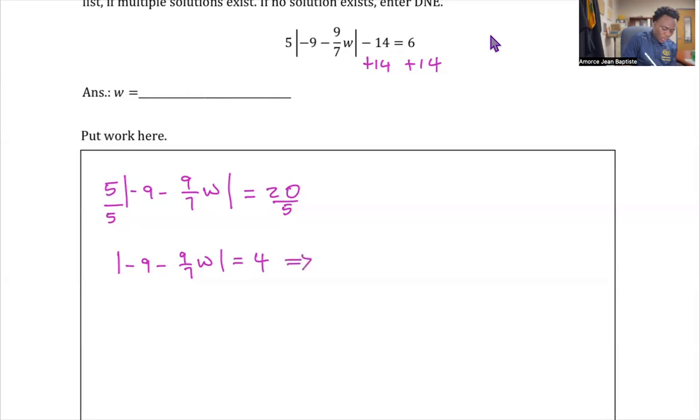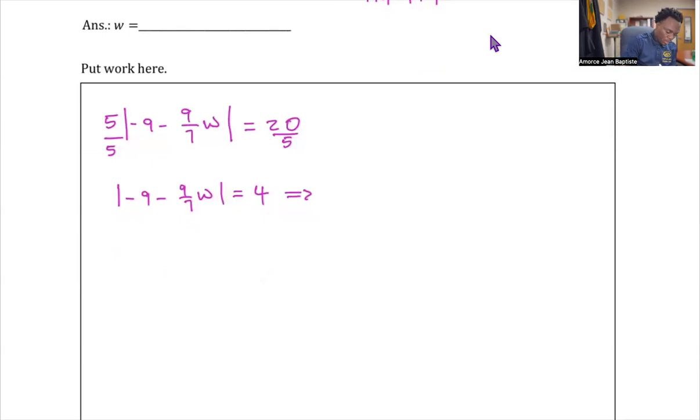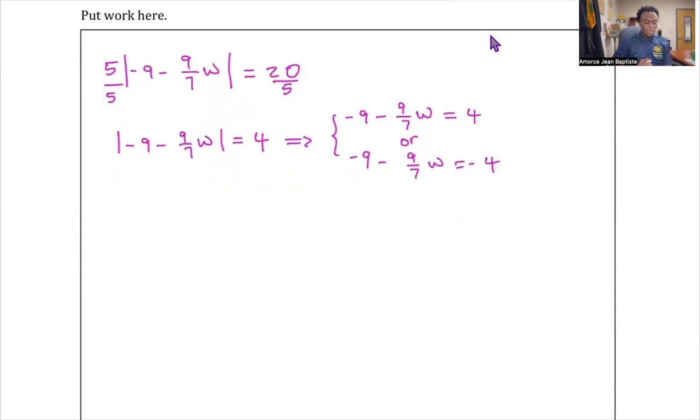I'm going to create the two cases. The two cases I will create are negative 9 minus 9/7 W equals 4, or negative 9 minus 9/7 W equals negative 4. So separately, we're going to solve them. We can add 9 on both sides for each.